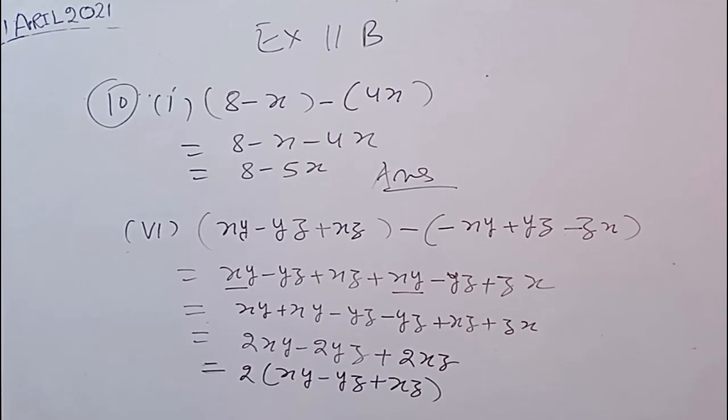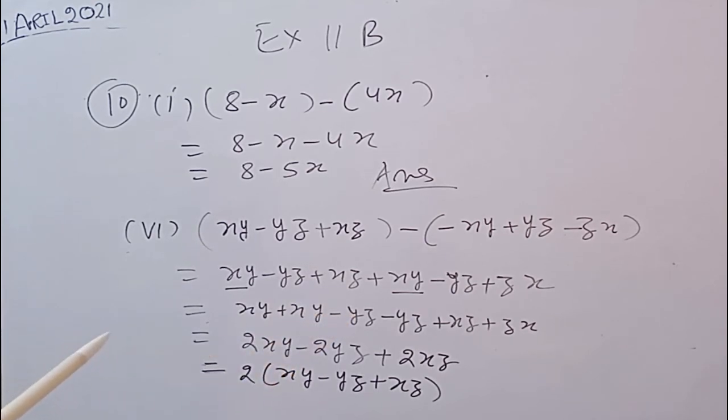Now I am taking question number 10, sixth part. Subtract minus xy plus yz minus zx from xy minus yz plus xz. So write xy minus yz plus xz, from which we have to subtract, in the bracket, minus xy plus yz minus zx. Now open the bracket: minus minus will give plus xy, and minus yz, and minus minus plus zx.